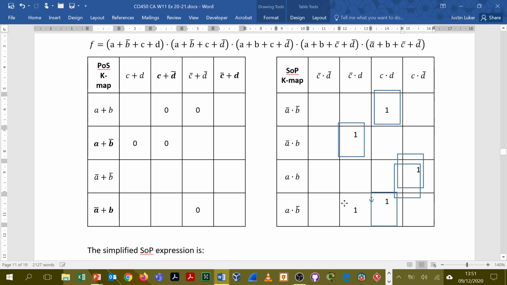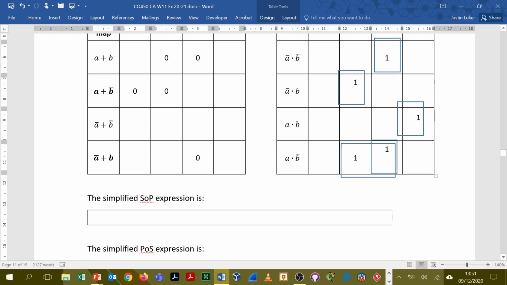This one, we can make a group of 2 that way. So we have one group of 2 here, one group of 2 here, and these single ones will have to remain as single implicants. And that happens. You can't always simplify as much as you might want to. You can only do what you can.